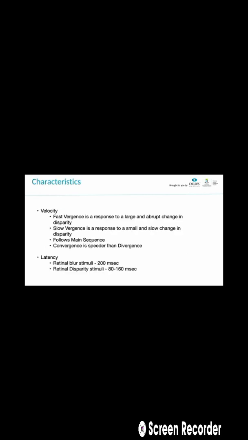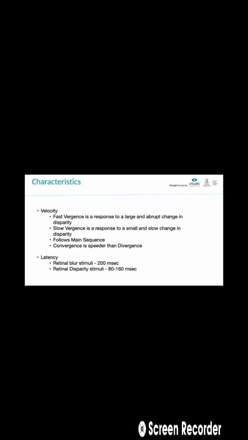Now let's quickly move on to the characteristic features of the vergence. Firstly, the velocity. Vergence movement shows two types of responses, a fast vergence movement and a slow vergence movement. Fast vergence is a response to a large and abrupt change in disparity.